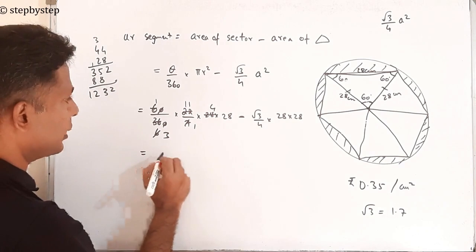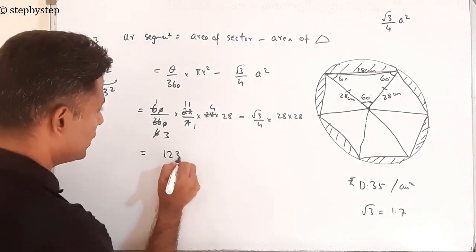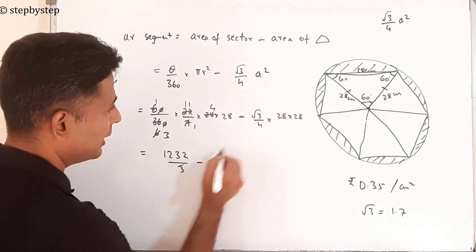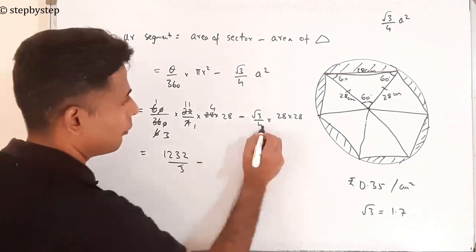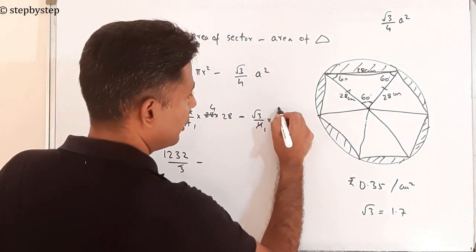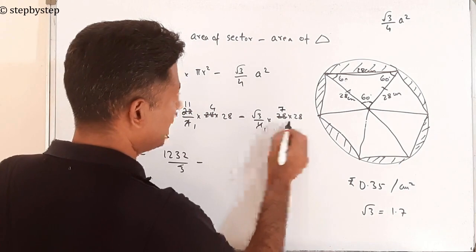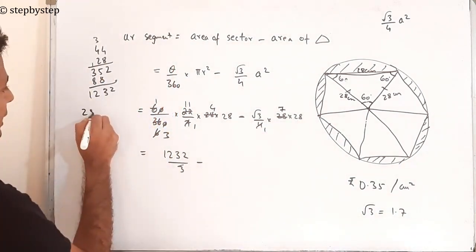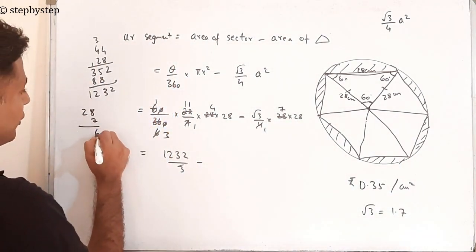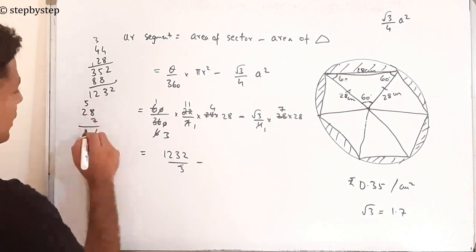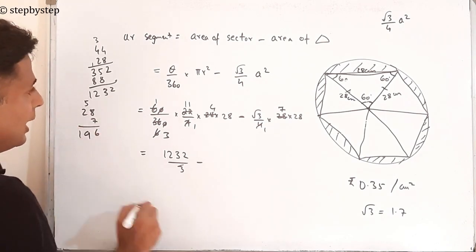So we get 1232, right? 1232 by 3 minus root 3, 4 ones are 4, 7s are 28. So 7 into 28 is 196.